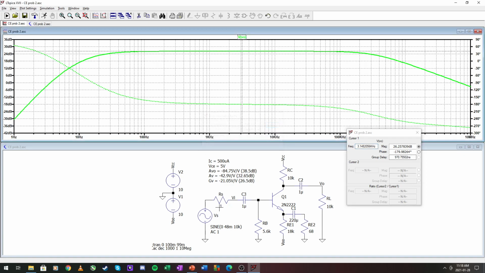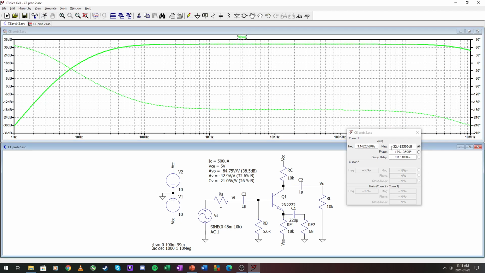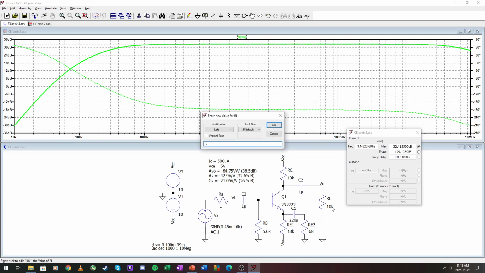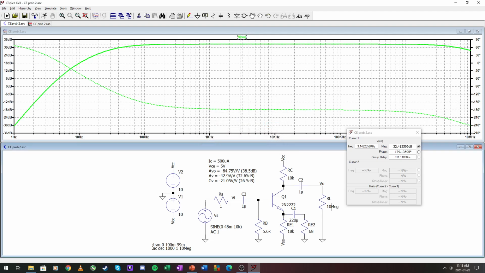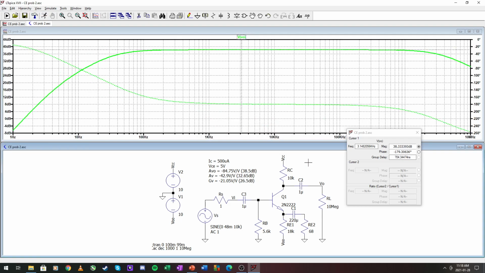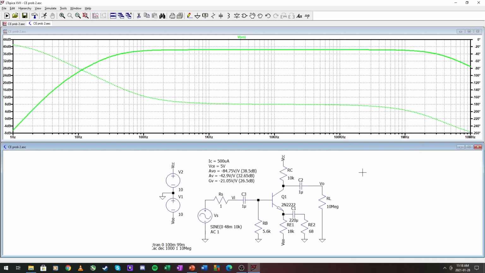If we make this load on the input go away, 32.4, it's pretty close to 32.6, and maximum gain 38.3, versus 38.5. So I would say this design actually works out quite well. Let's go on to the next example.